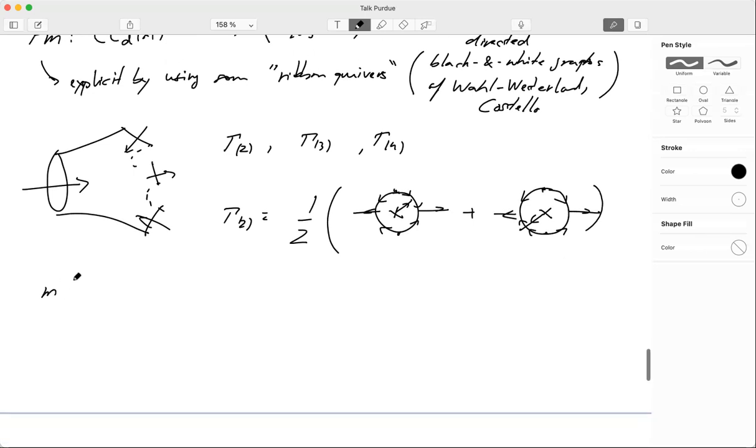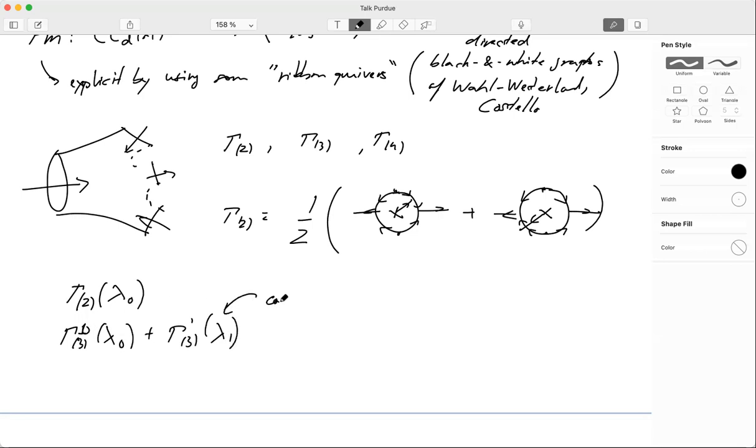So in the end, our vertex with two outgoing things is given by gamma 2 applied to lambda 0, and with three outgoing things is given by gamma 3: there's gamma 3 component 1 applied to component 0 applied to lambda 0, plus some other graph applied to lambda 1. These are all lambda components of my negative cyclic form.